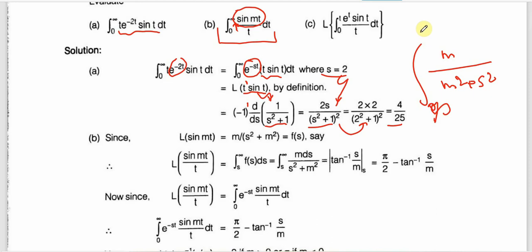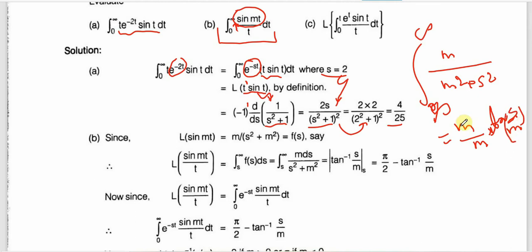Then what will you get? The integral of 1 upon x square plus a square is 1 by a tan inverse of x by a, so here 1 by m into tan inverse of s by m.